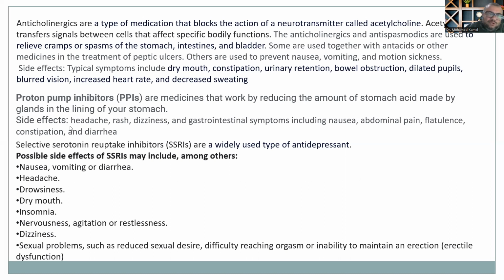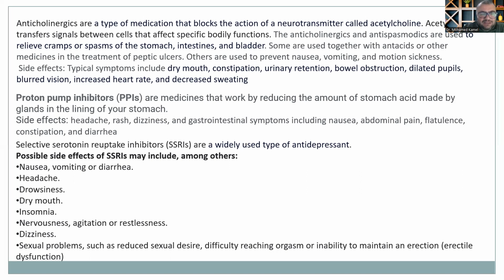Headache, rash, dizziness, and gastrointestinal symptoms including nausea, abdominal pain, flatulence, constipation, and diarrhea. These are rare, because proton pump inhibitors are usually well tolerated without complications, but if the patient has a problem, it could be these side effects.